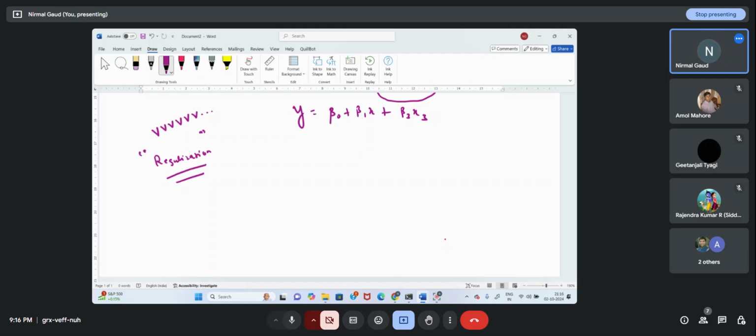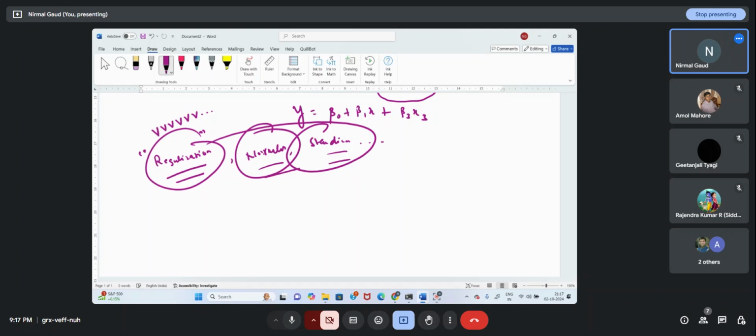Regularization, normalization, standardization, all these things are very important. Because we apply this preprocessing over the data, then only our model succeeds. Else, the model will say tata bye bye. These techniques are very effective. Whether you are in machine learning, deep learning, or generative AI, they are applicable everywhere.